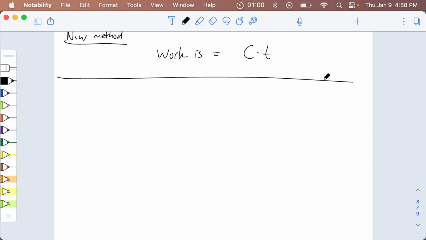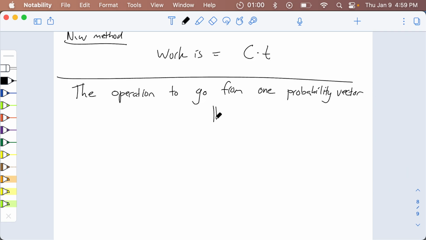The operation to go from one probability vector to the next. By a probability vector, I mean the probability that you are at location x. Let's write it as a vector.